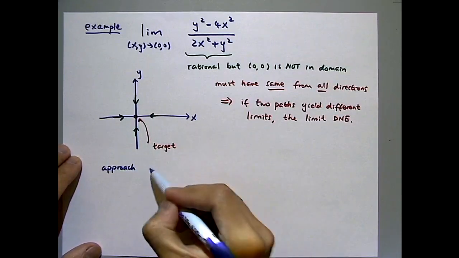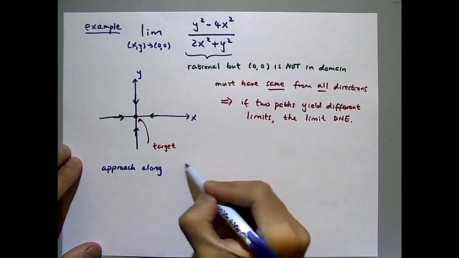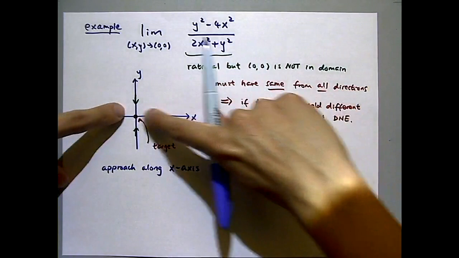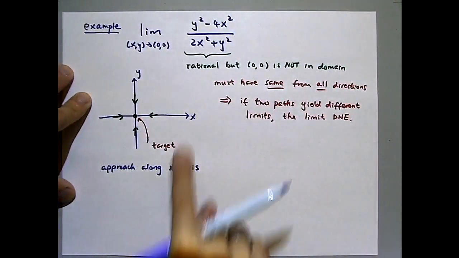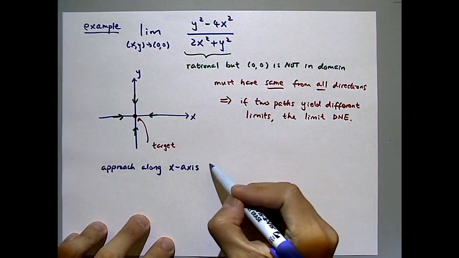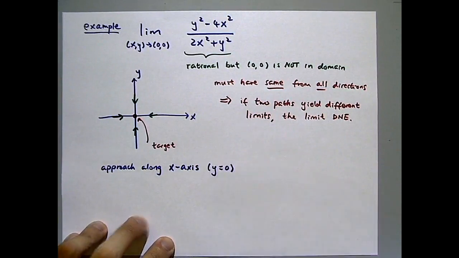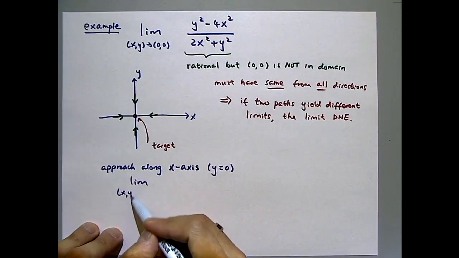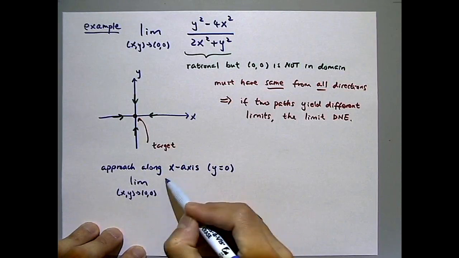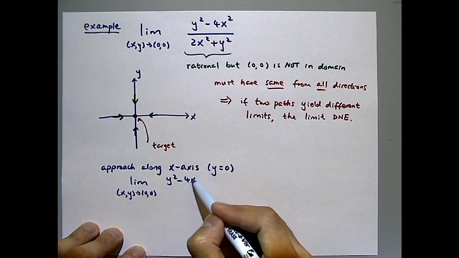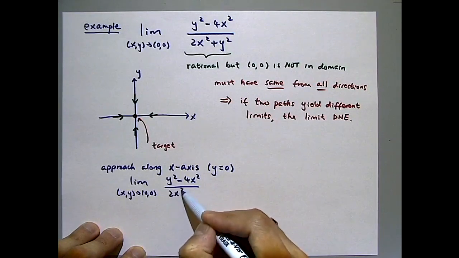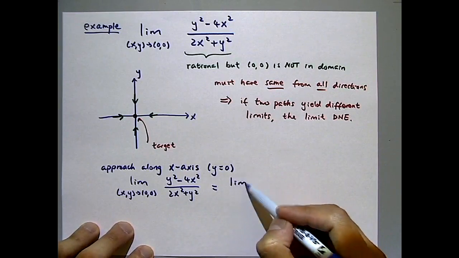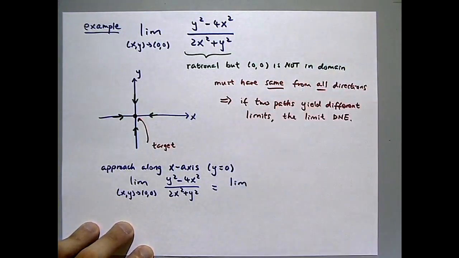Okay, so first let's try approaching along the x-axis. So that's this one right here. Along the x-axis means y is equal to 0. So therefore, the original limit becomes the limit where we're setting y to be 0 and letting x be free.